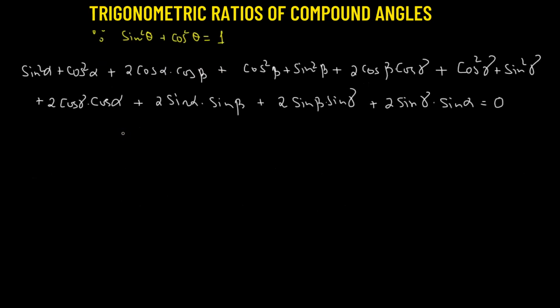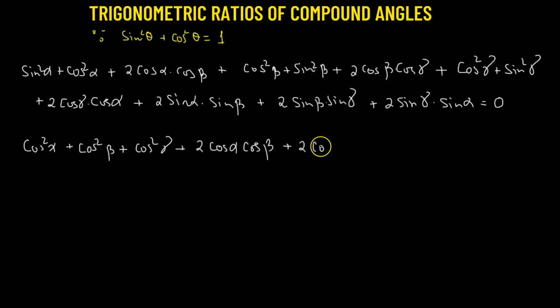Now we will rewrite the terms. We will take cosine squared alpha, add it to cosine squared beta and cosine squared gamma, and we'll keep all the terms containing cosine alpha, cosine beta and cosine gamma. So 2 times cosine alpha times cosine beta plus 2 times cosine beta times cosine gamma plus 2 times cosine gamma times cosine alpha.